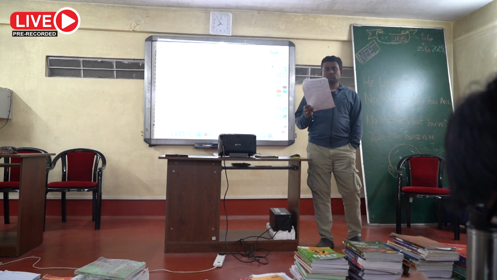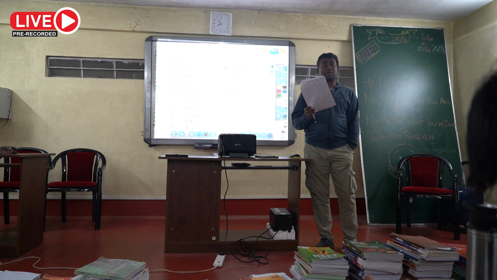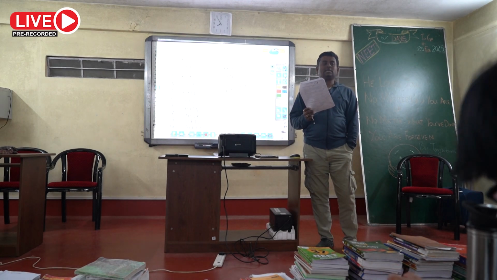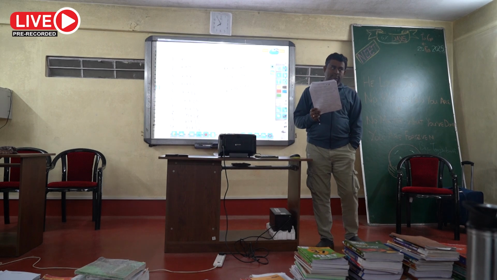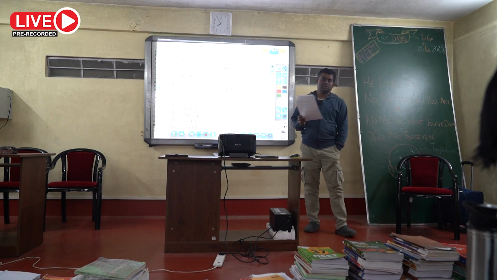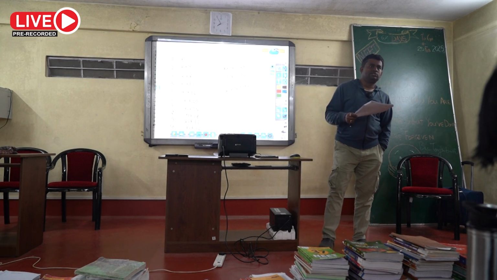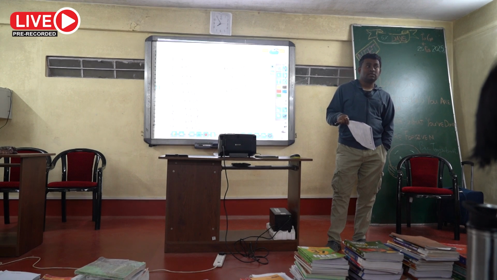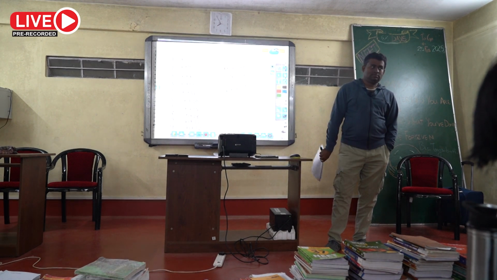So it should be a concave mirror. And magnification is given +3, which means the image is virtual and magnified. That means when the object is placed between pole and focus, then the +3 magnification will come. Because when it is producing a real and magnified image, the magnification should be negative, because a real image is always inverted.